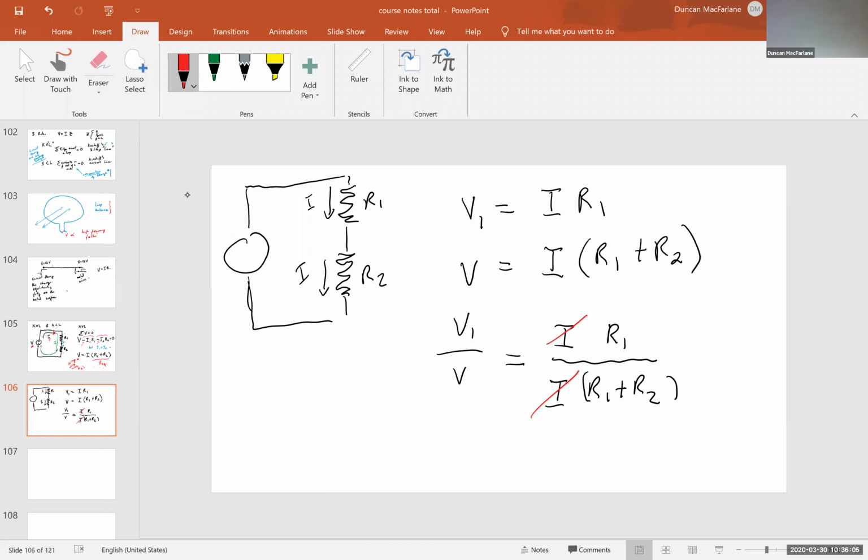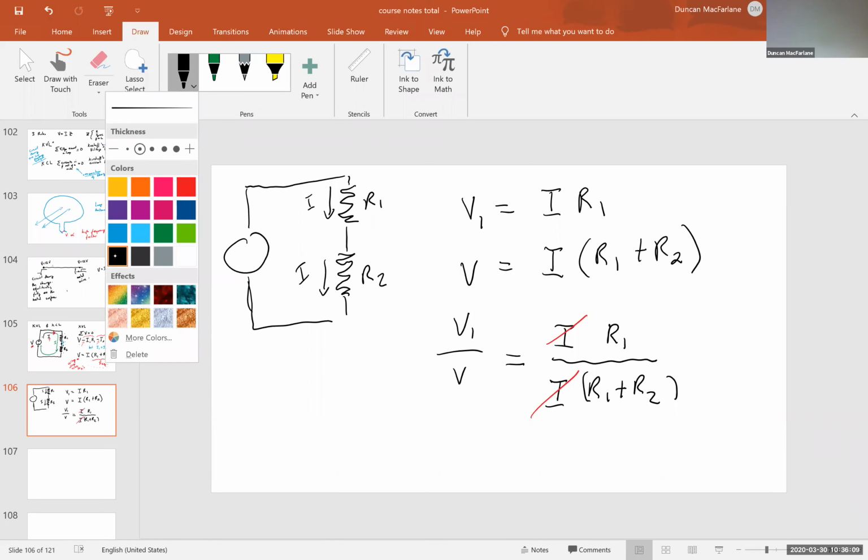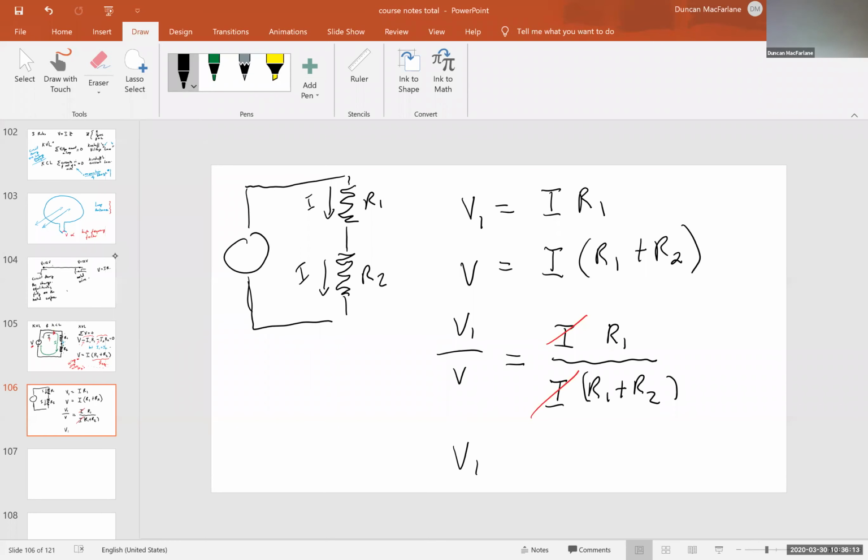The I's cancel. So I have V1 is equal to R1 over R1 plus R2, and that's times V.